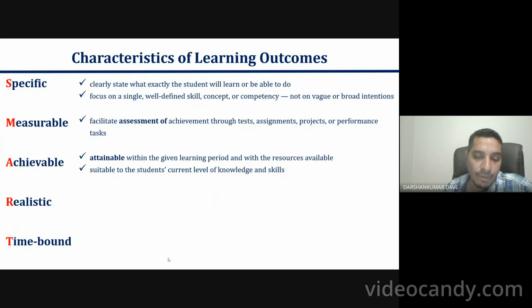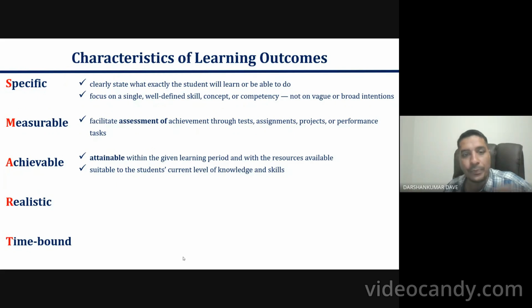You should also design outcomes that are challenging, but not impossible, right? So for a student of first standard, division of complex polynomials is not possible. That should not be included in your outcomes, right? I hope this is clear to you, what an achievable outcome means. Is it okay?